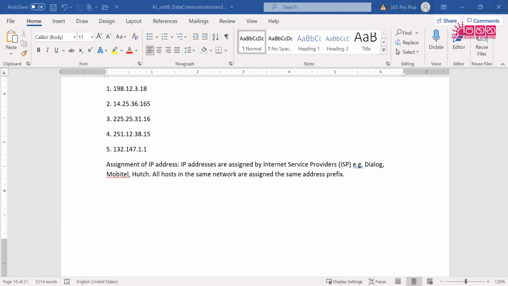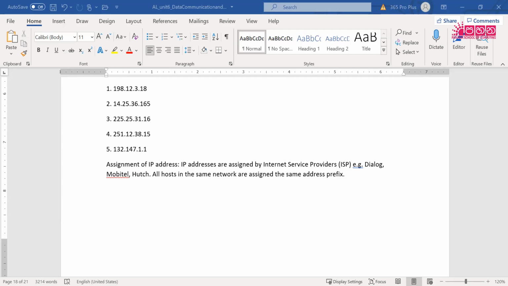So subnetting means, now we know we have only 32 bits. 32 bits means we have a limited number of IP addresses. When you say subnet mask, we already discussed this. We always have an IP address with two parts, network and host.